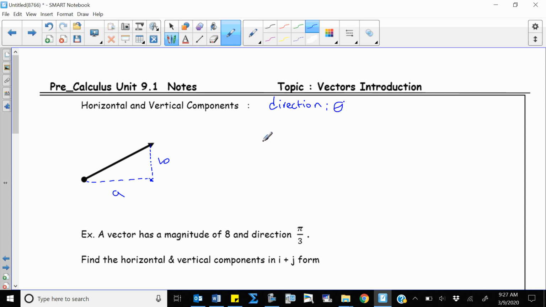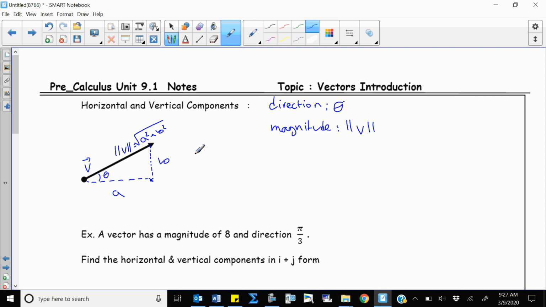So let's call that theta, and it also has a magnitude. If this is my vector, the magnitude can be written in this form. We write the name and put it in between two bars from each side. So this angle is the direction of the vector, and the length of this line is the magnitude. And we just learned that the magnitude can be found using the Pythagorean theorem. So it's square root of a squared plus b squared.